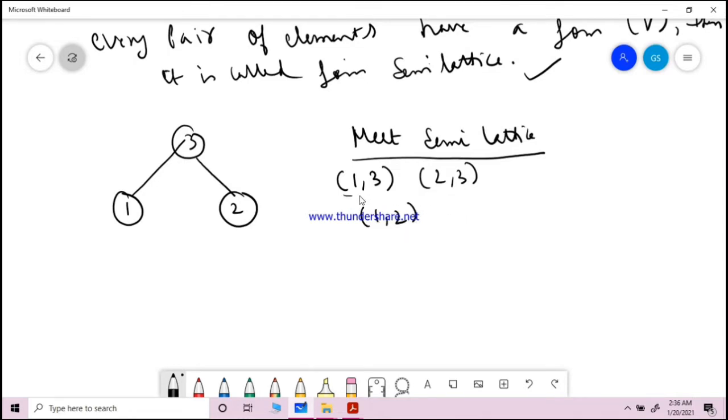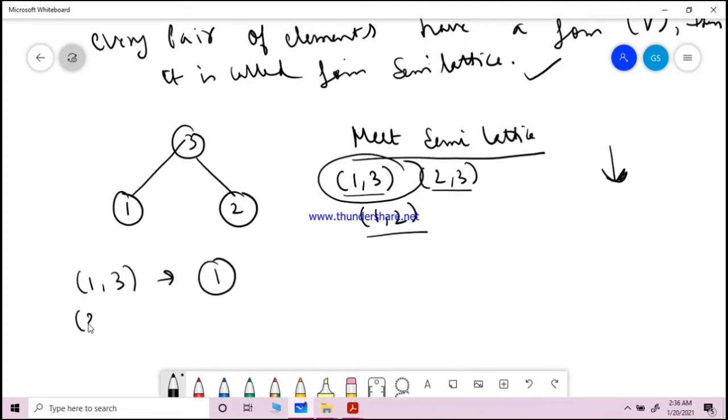So you have to simply find out the meet for these, meaning where they are meeting. For 1 and 3, meet means meeting somewhere in the lower section. From 1 you can reach 1 and 3, so for 1 and 3, the meet will be 1.